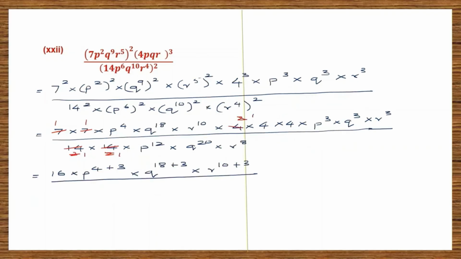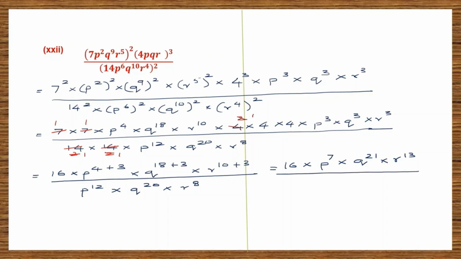In the denominator we have p to the power of 12 into q to the power of 20 into r to the power of 8. So this is equal to 16 into p to the power of 4 plus 3, which is 7, into q to the power of 18 plus 3, that is 21. So let's write 21 here, into r to the power of 10 plus 3, which is 13. So that is in the numerator.